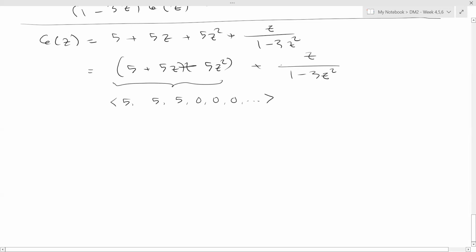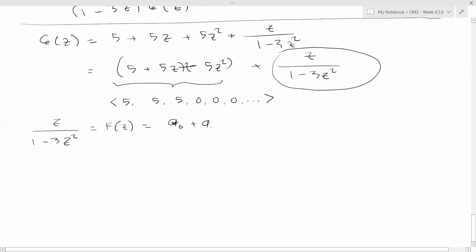What about this one? z over 1 minus 3z squared. Suppose this is actually, call it F(z). Then F(z) is a0 plus a1 z plus a2 z squared plus a3 z cubed and so on.